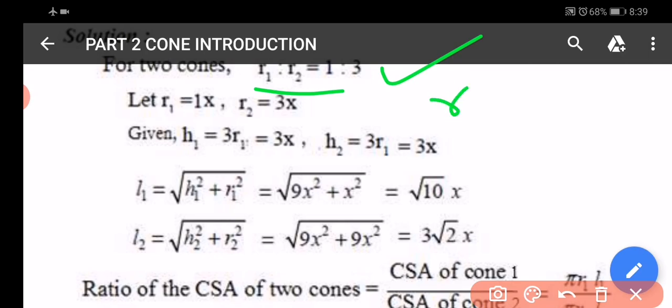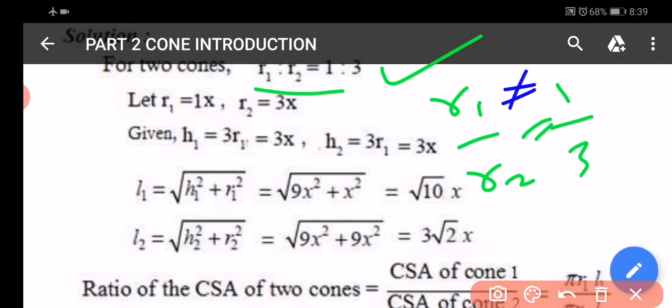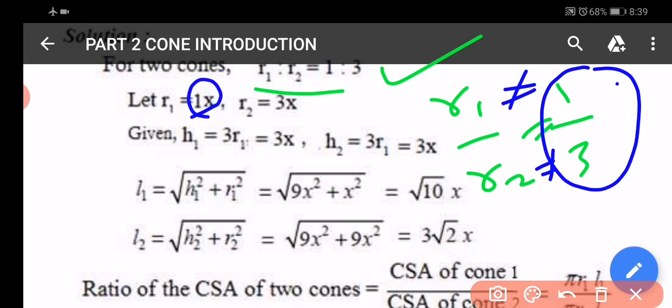So we have already told r1 by r2 equal to 1/3, which means r1 is not equal to 1, r2 is not equal to 3, because this is a division, that is 1/3. That means we simplify the common factor, we reduce the common factor, then only we get the answer 1/3. That means r1 equal to 1x and r2 is 3x.